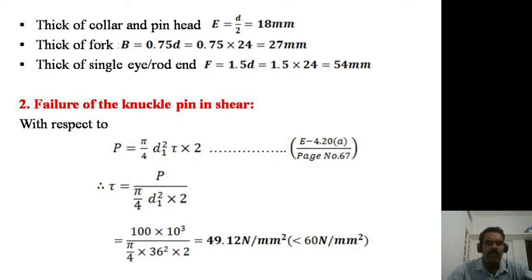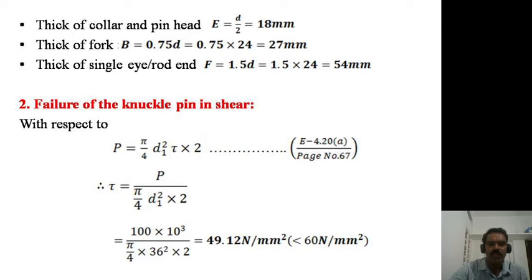Okay, so next, failure of the knuckle pin in shear. That is the second step. Actually failure at the rod we have already found out. The second step is failure of the knuckle pin in shear, only in shear, not in tension, as well as the crushing.